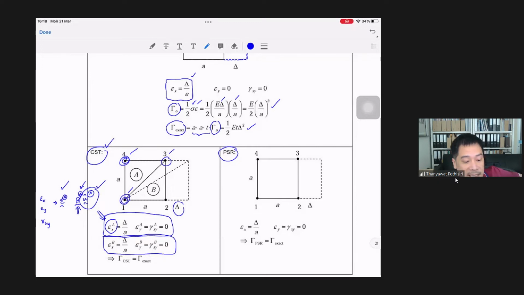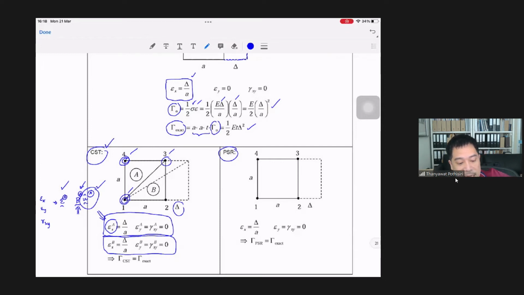And if you do that, you're going to see that in this case, because epsilon y and gamma xy for these elements are zero, you only have epsilon x for each element equal to delta over A. So it's basically the same as the exact solution.